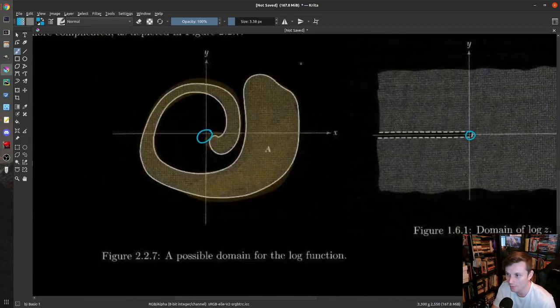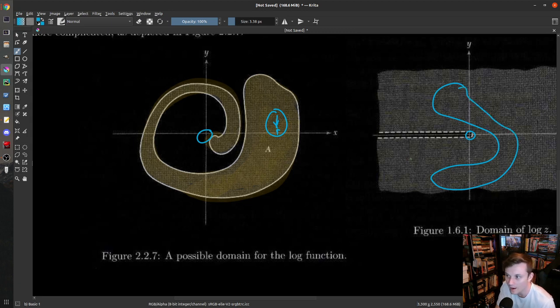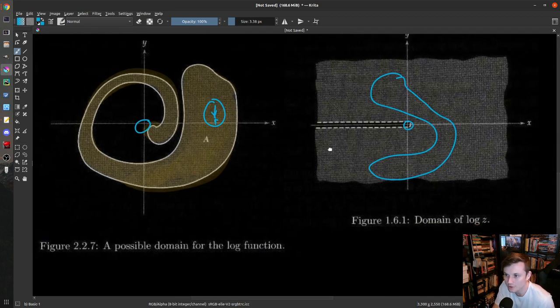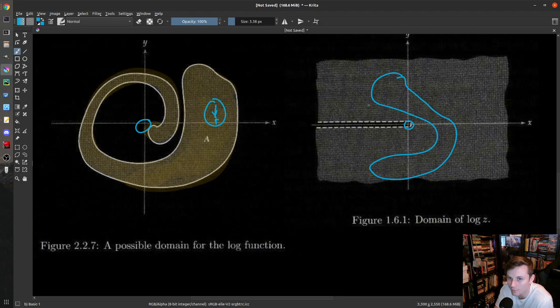If I grab a loop in here, there's nothing that's going to stop me from shrinking that loop down to a single point. If I grab a loop in here, even if it's messy and goes around this thing, I can't get stuck on anything because this goes all the way out forever, right? So in some important topological sense, these things are not different.